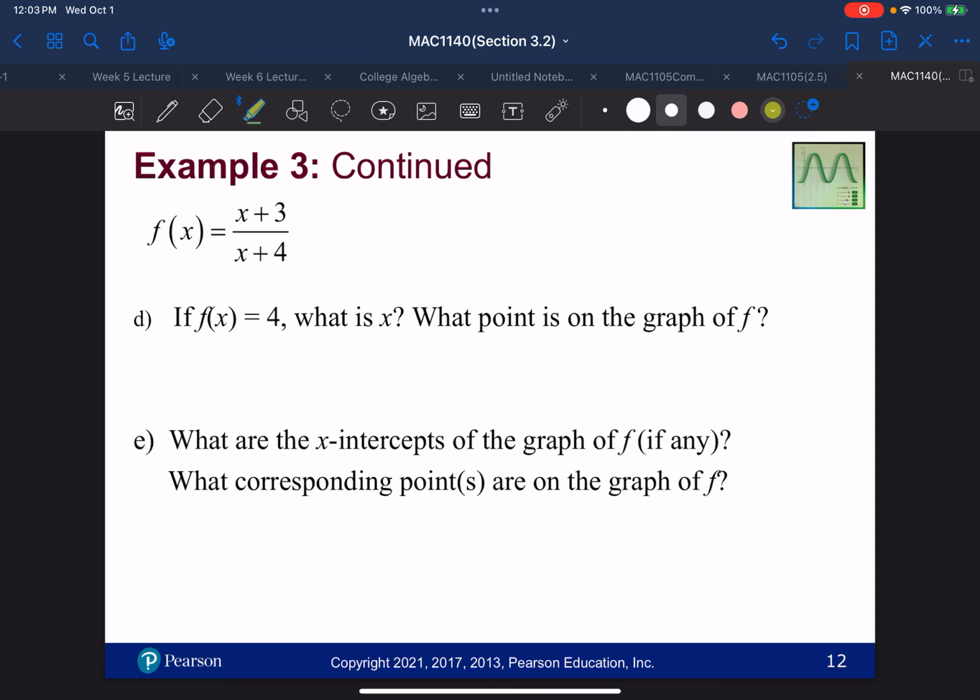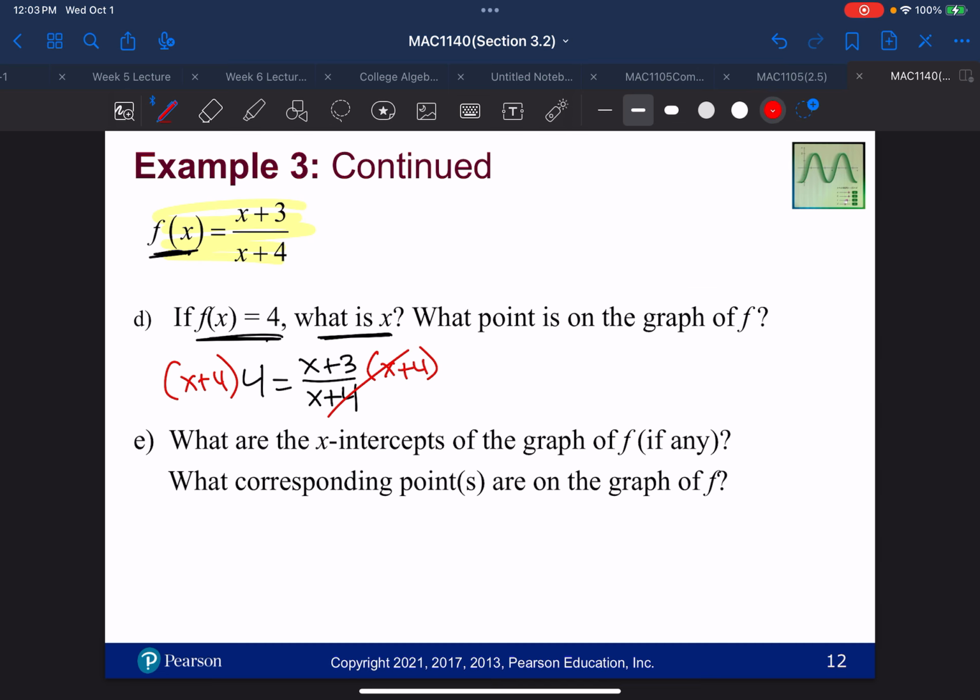Okay, we're still using this same function, and now we're going to answer D. So it says if f of x is equal to 4, what is x? So now it's saying y is equal to 4, so I'm going to plug 4 in for f of x. And to solve this, I will have to multiply both sides by x plus 4 to cancel it here. And on the left side, that'll give me 4x plus 16 is equal to x plus 3.